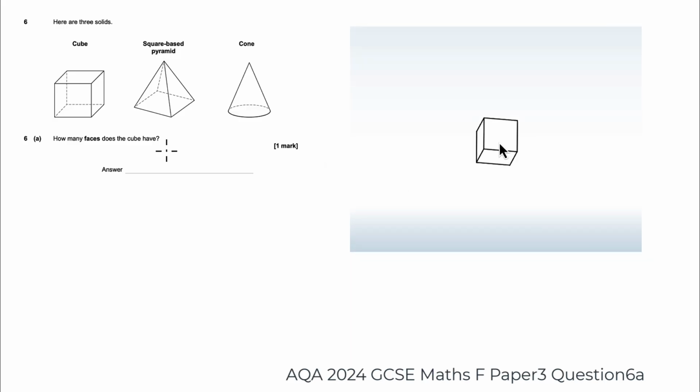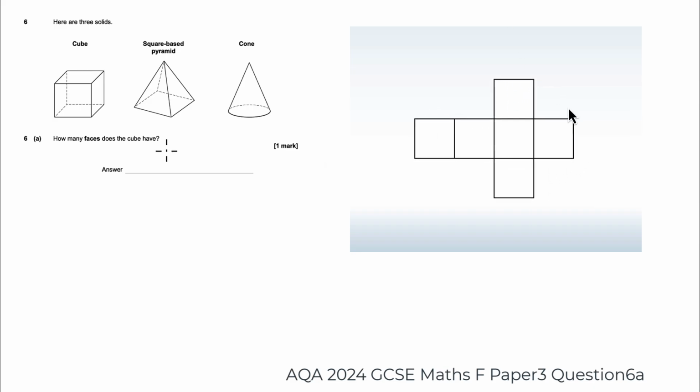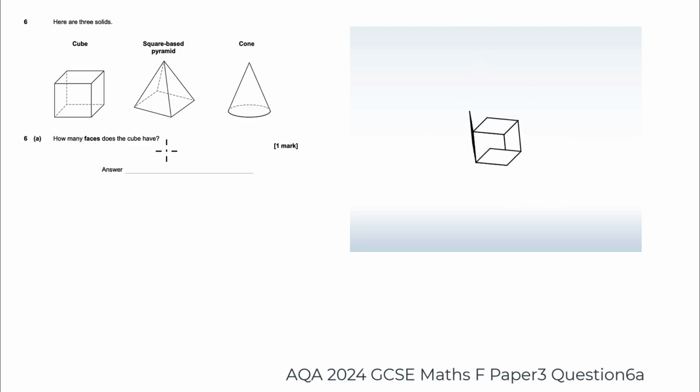So here we have a cube which I can rotate, and what I can do now is I can open up that cube like so, and then we can count all the faces. There's 1, 2, 3, 4, 5, 6. Let's put it back together again. And there we go. So you can see a cube has 6 faces.